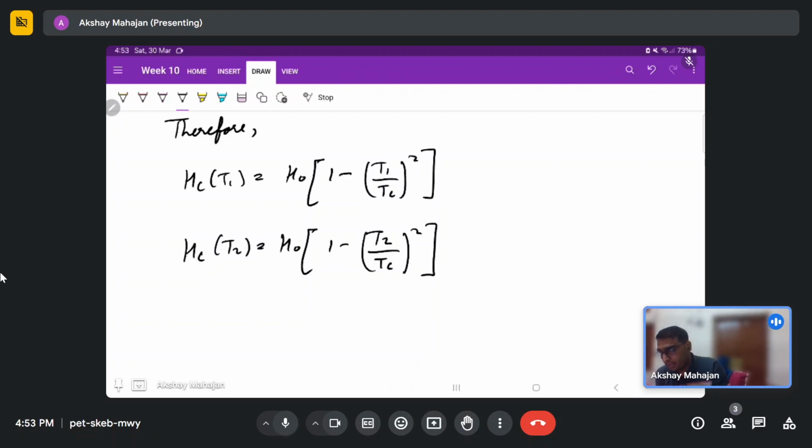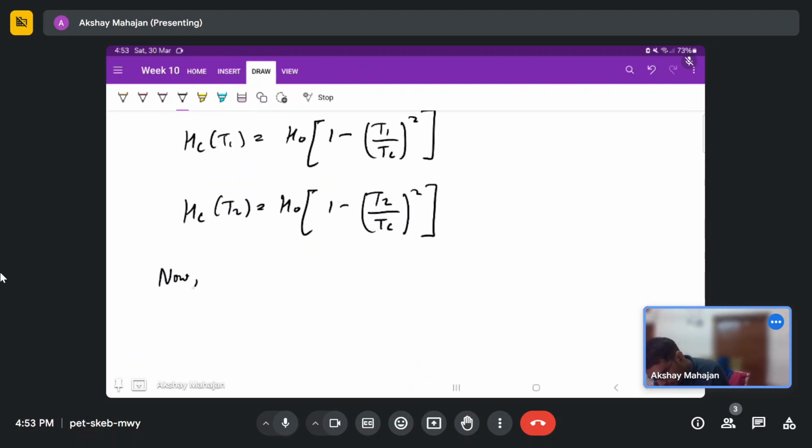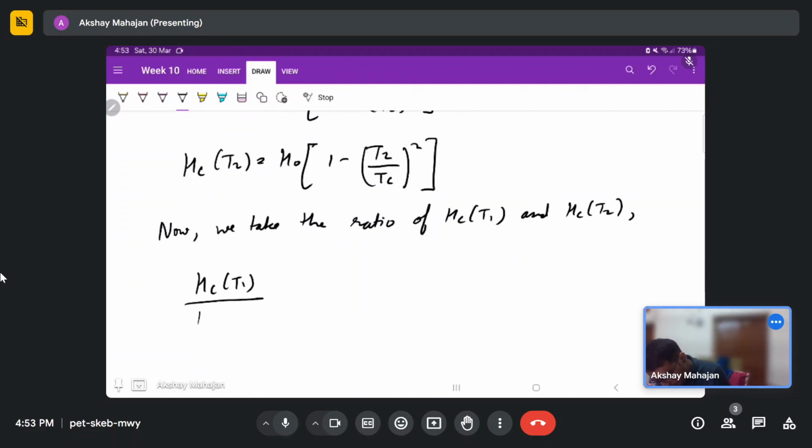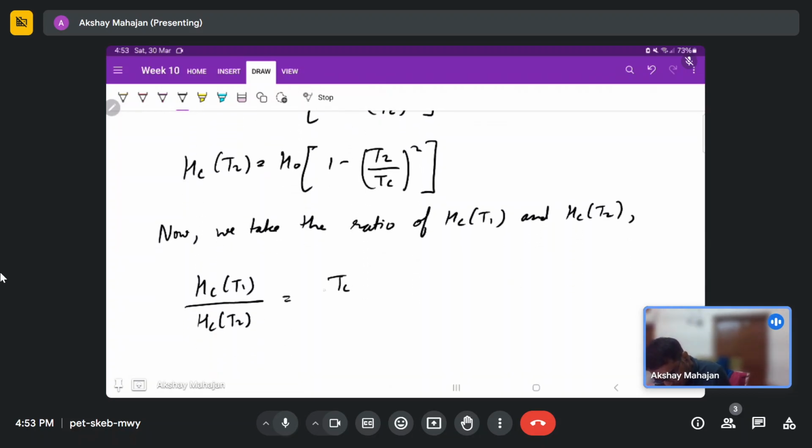So now we take the ratio of Hc(T1) and Hc(T2). So we have Hc(T1) divided by Hc(T2), which I can write as (Tc square minus T1 square) divided by (Tc square minus T2 square).